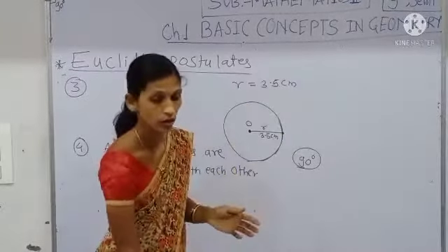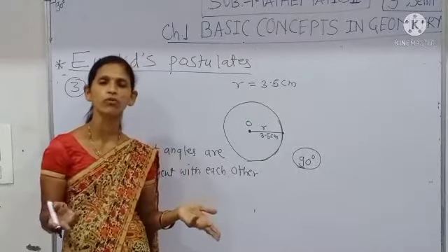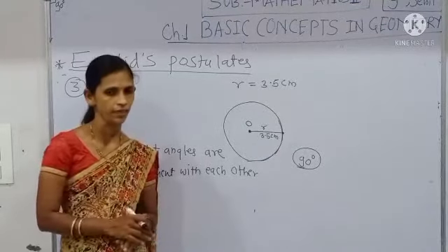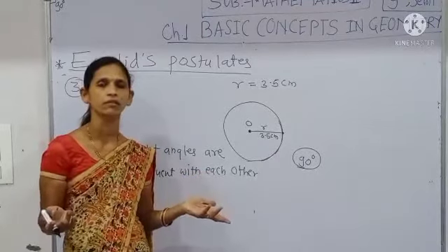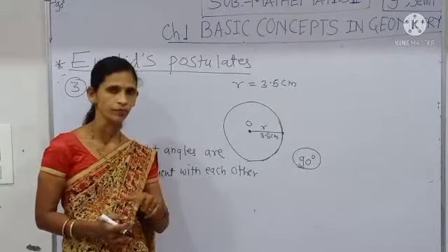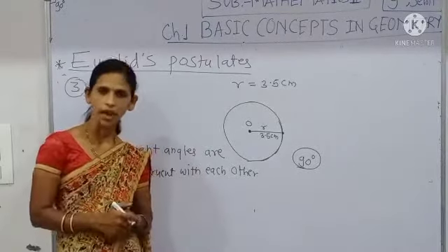Then all right angles are congruent because the measure of those right angles is 90 degrees. And when the measurements of two different angles are the same and equal, then those angles are congruent angles.